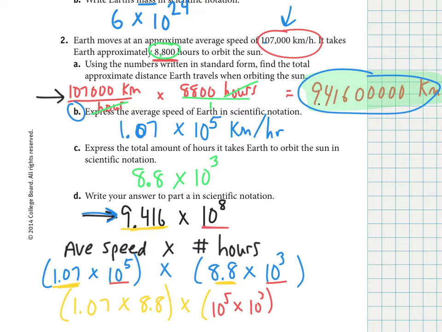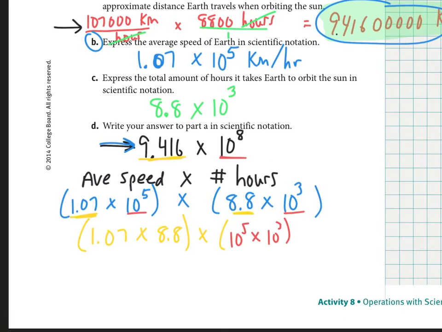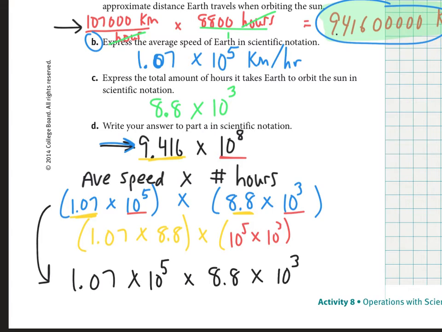So what we're allowed to do with scientific notation, and this is really just the commutative or the associative property, when you multiply a bunch of things together, let me just rewrite this. We were really just doing 1.07 times 10 to the 5th times 8.8 times 10 to the 3rd, right? We were just multiplying all those numbers together.